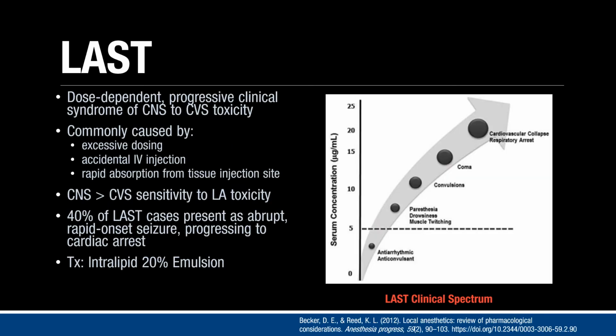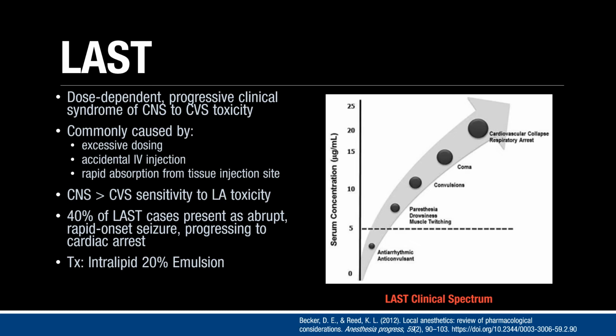The most feared and devastating complication of performing ultrasound-guided nerve blocks is local anesthetic systemic toxicity, or LAST. LAST is a dose-dependent progressive clinical syndrome of central nervous system to cardiovascular system toxicity, most commonly caused by accidental or inadvertent intravascular injection of local anesthetic, but can also be caused by excessive dosing.